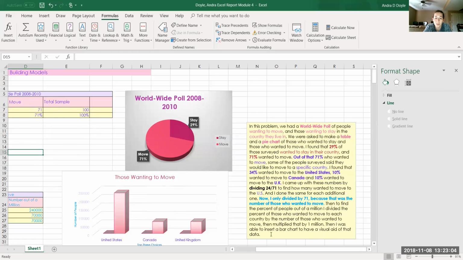I came up with these numbers by dividing 24 by 71 and so on for each of the different countries. Now, I only divided by 71 and not 100 because only 71% out of the 100 said that they would like to move somewhere else.